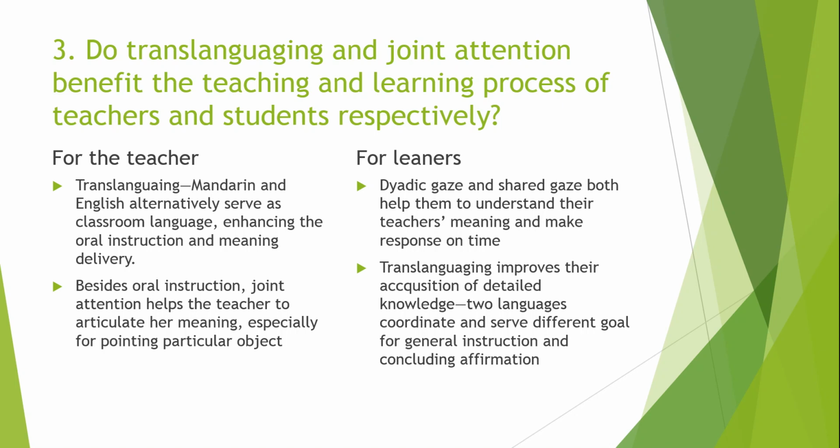Besides oral instruction, joint attention helps the teacher to articulate her meaning, especially for pointing at particular objects. Because the aim of this class is the directional complement, the teacher has to mention directions all the time. The appropriate gestures can help the teacher reduce the frequency of using particular words.